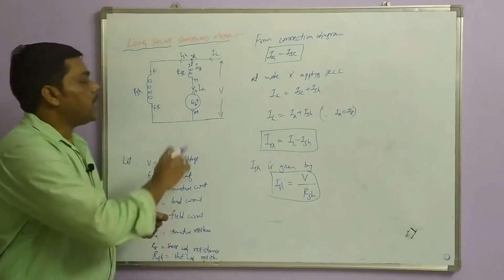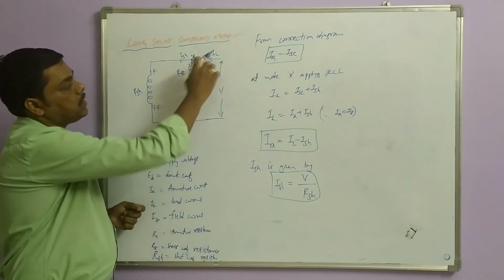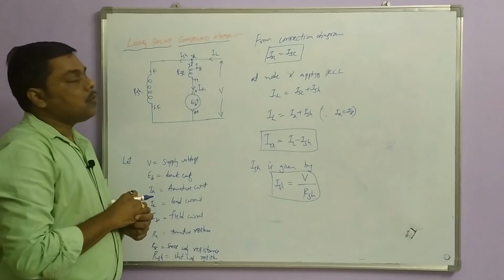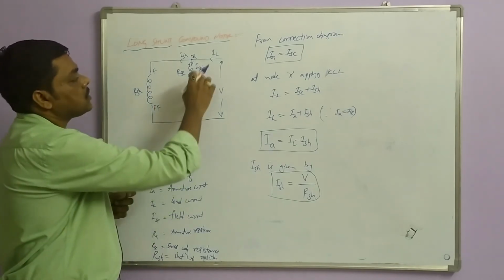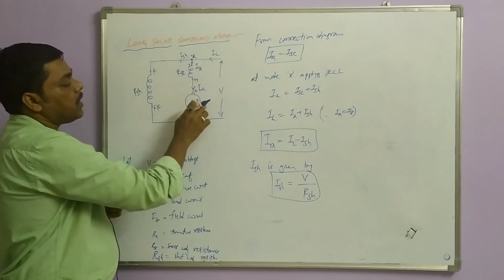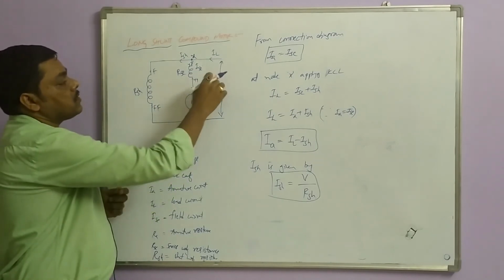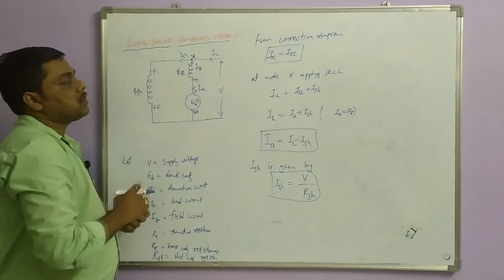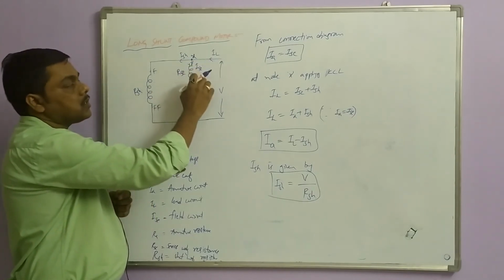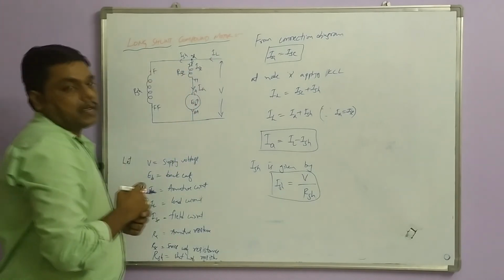Now what is the back EMF and load voltage relation? The voltage across the series winding and the armature winding is different from the supply voltage, since the load current is dividing into series current and shunt current.